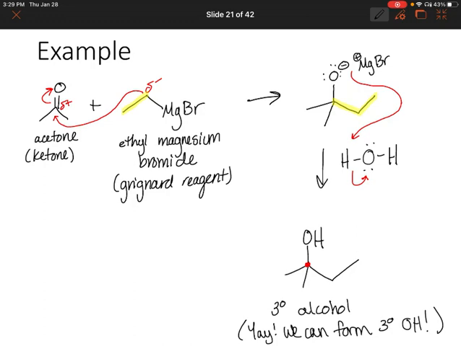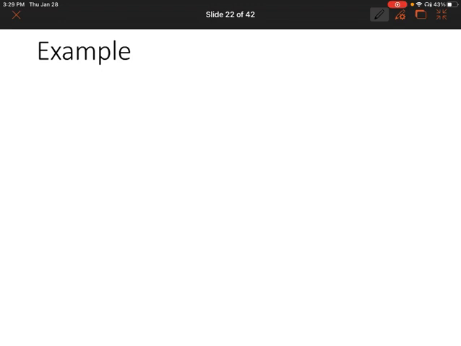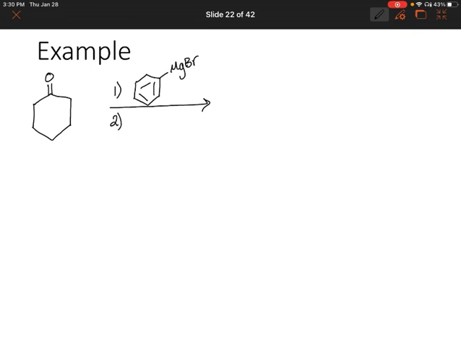Okay, so let's do another example. We've got our ketone here, and there's a ring structure. Let's see what that does. Let's say our Grignard reagent is a benzene ring bonded to magnesium bromide. And then in the second step, we'll add water to protonate our oxygen.